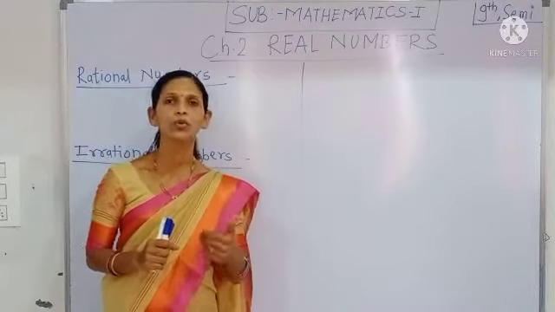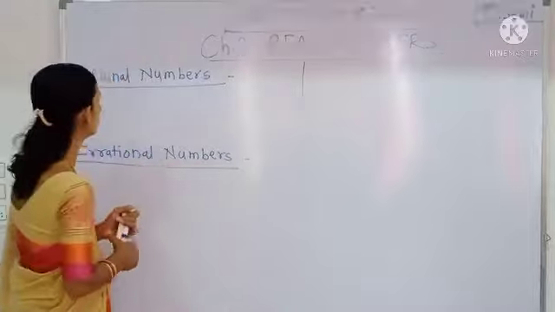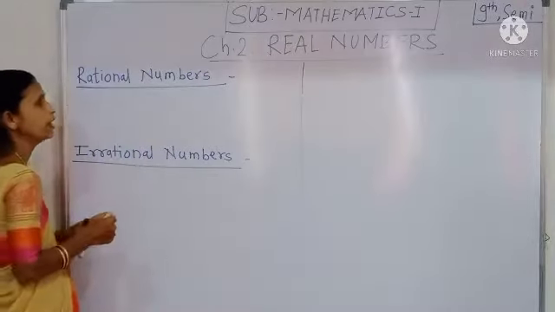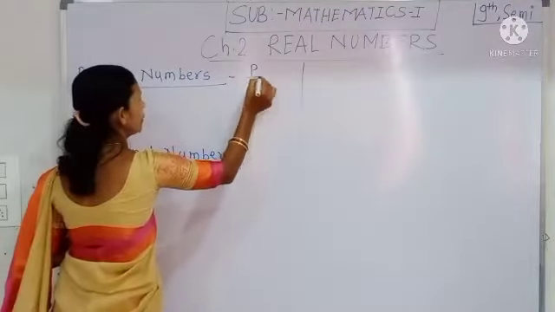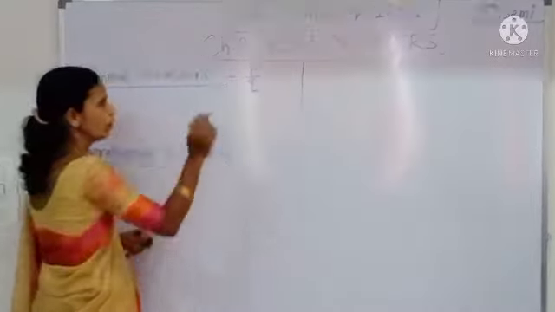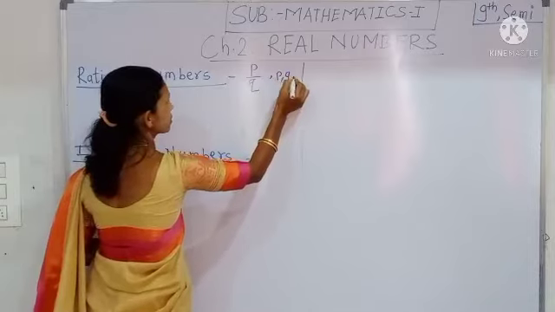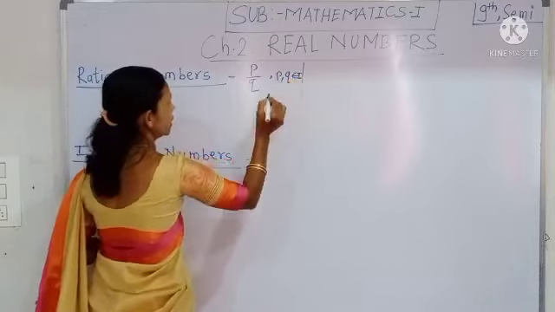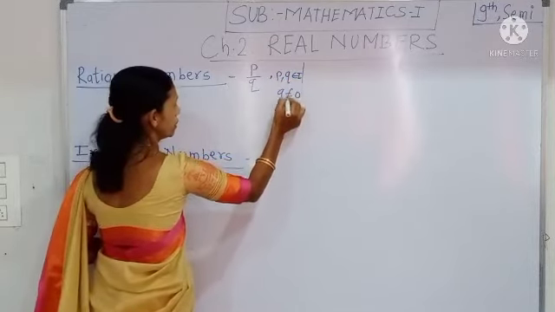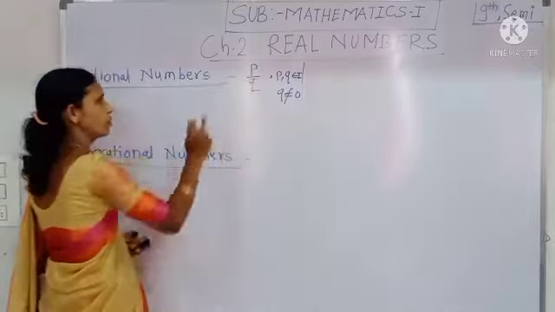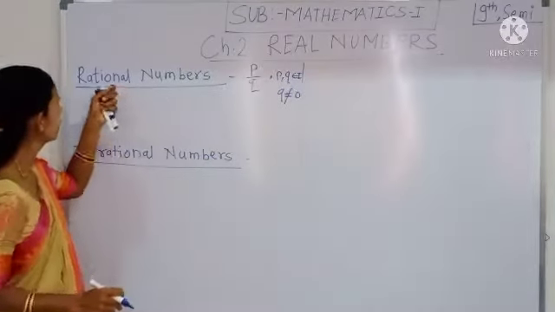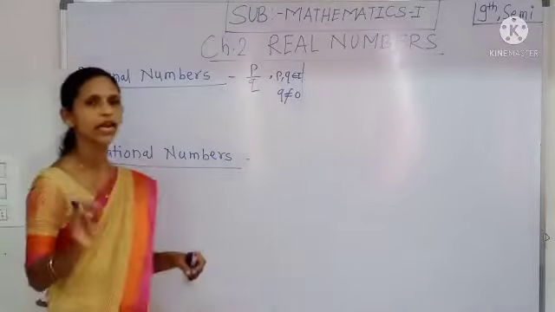First of all, we have to remember that rational numbers are written in the form p upon q, where p and q are integers and q should not be 0. Therefore, those numbers are known as rational numbers.